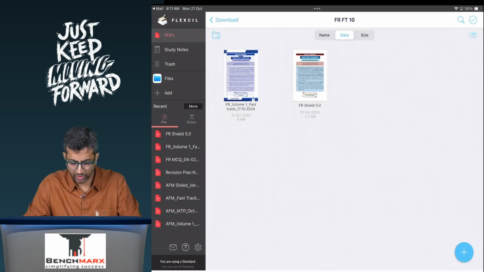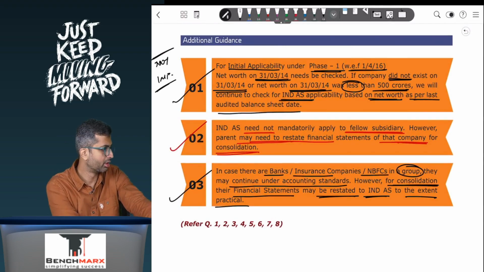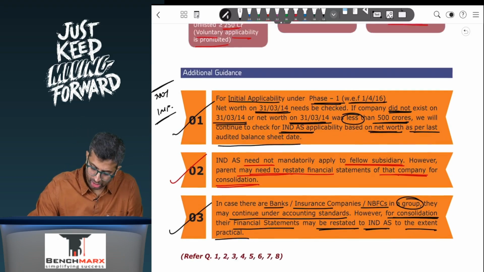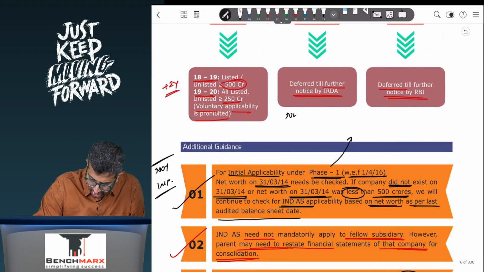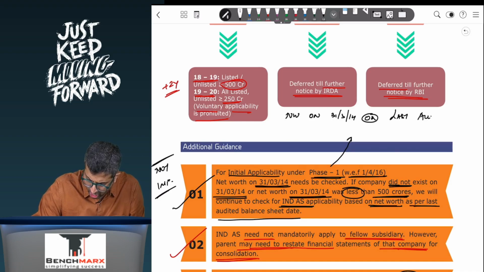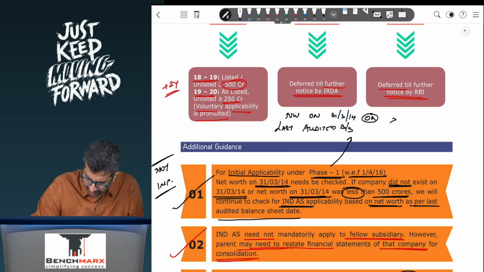So basically, long story short, at least for initial applicability, you can say, net worth on 31st March 14 or last audited balance sheet, either of them, if it is greater than or equal to 500 crores, Ind AS becomes applicable from the year 1617 onwards.